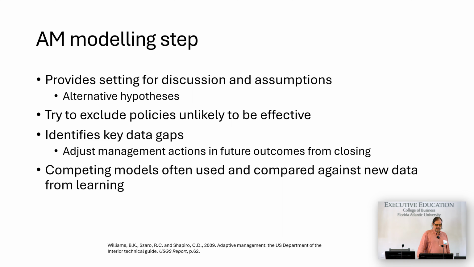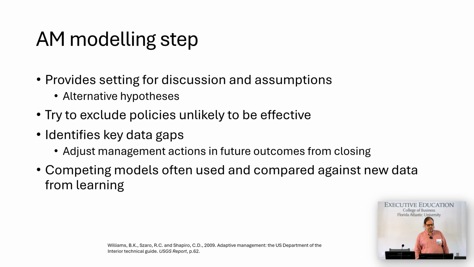So the modeling step for adaptive management provides a setting and a focal point for discussions about the knowledge base and the assumptions. It also allows us to formulate alternative hypotheses about the implementation. And we try to use this step to exclude policies that are unlikely to be effective, get rid of the things that are pretty much dominated by better alternatives.